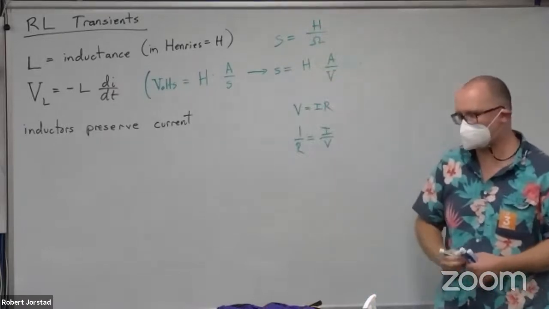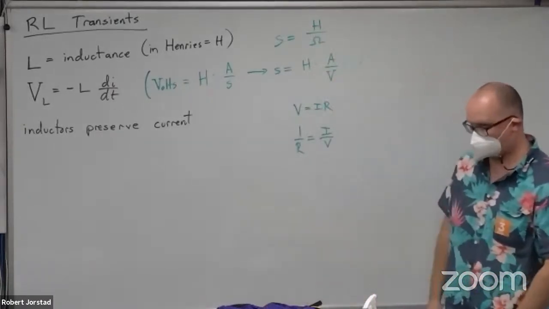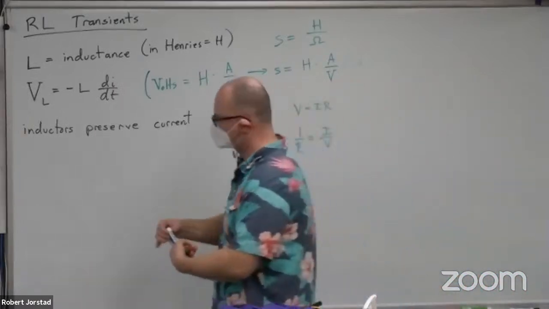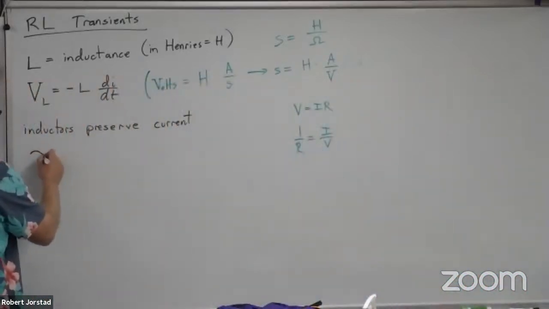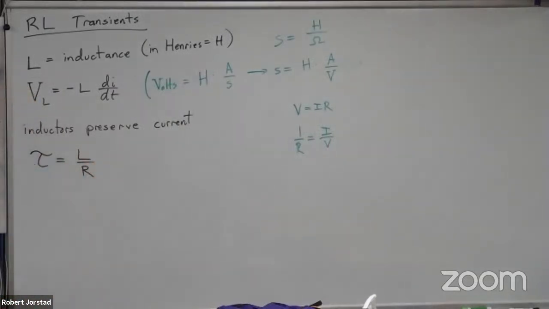Why would I be bringing that up? Tau. What is tau? L over R. That's written on your equation sheet. So the whole point of this unit analysis was just to give us an idea what tau is. Cool with that? So we can see that inductance over resistance. It's similar to RC, but there's a few little changes.